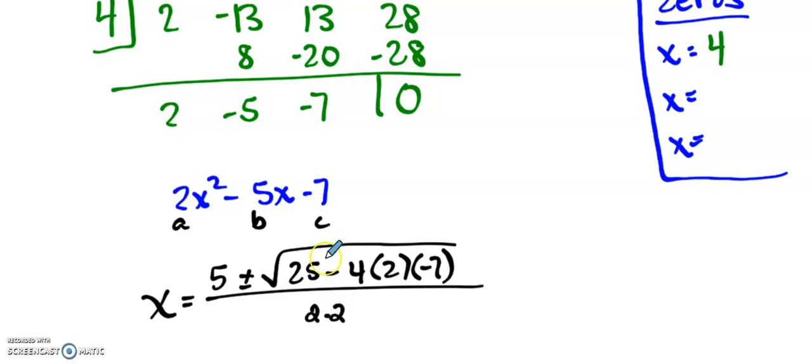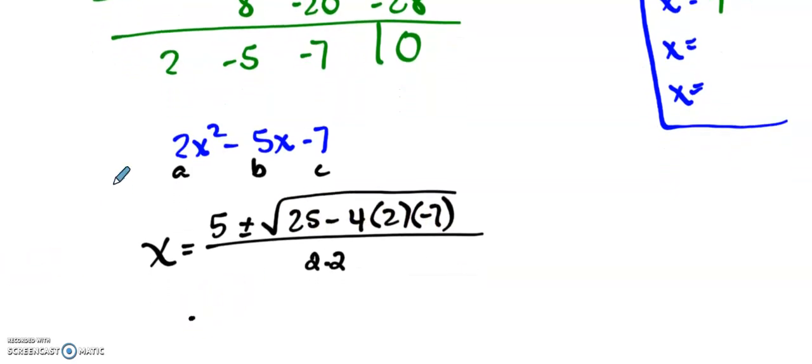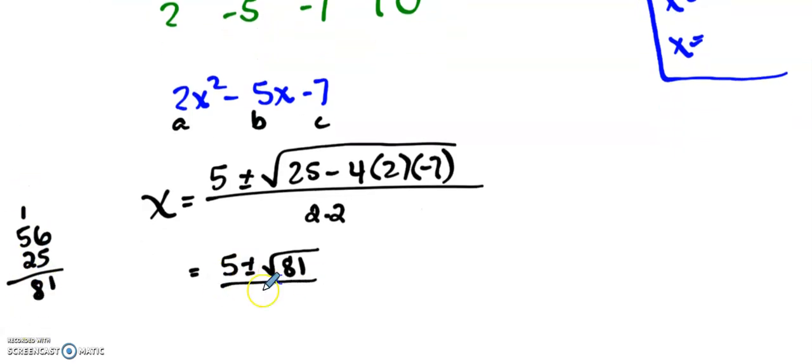Okay, so to clean that up, this will be 4 times 2, which is 8. 8 times 7 is 56. 25 and 56 is going to make 81. Think 56, 25, 11, carry the 1, 81. Okay, all over 4.